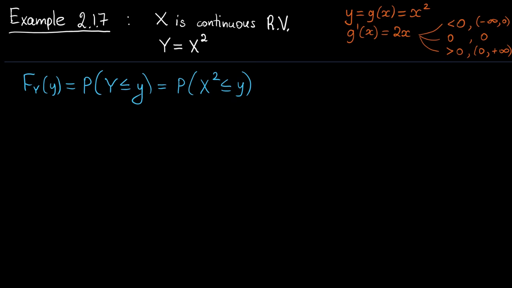Notice that, like before, x squared and y can be thought of as being values in the range of y. X squared isn't a value, but once it's realized, it becomes a value.